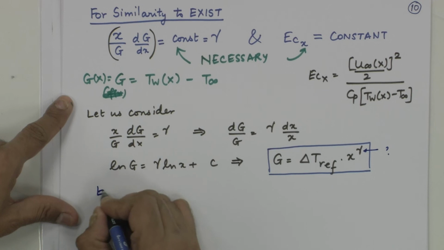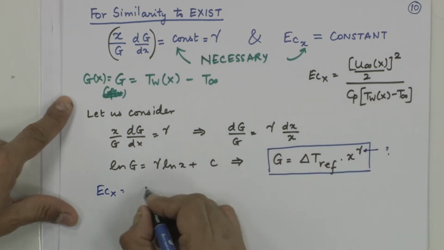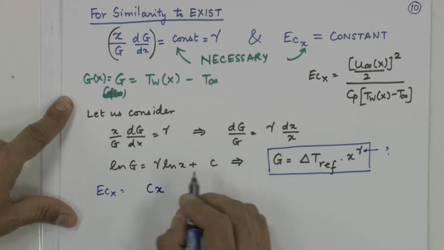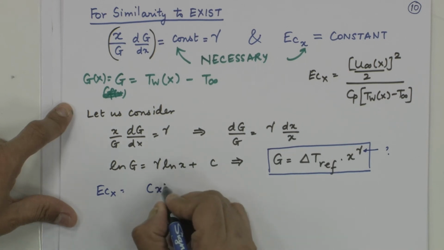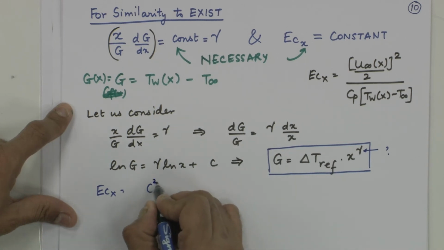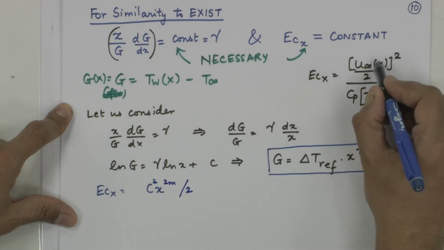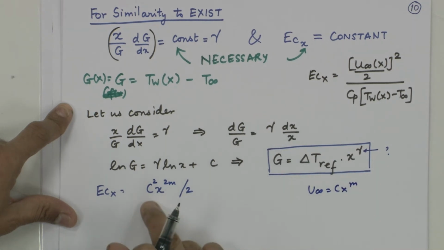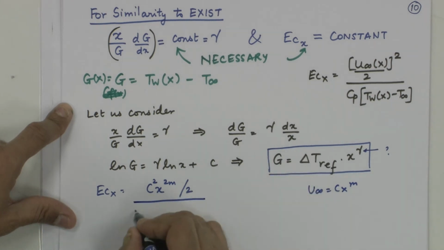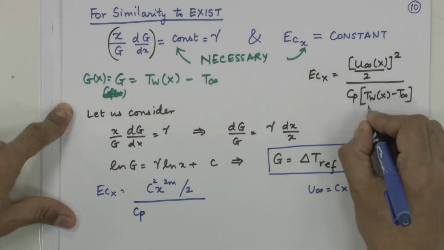Local Eckert number is, as I have written there, u infinity squared by 2, that is c x to the power m. U infinity is c x to the power m. Square of that, c squared x to the power 2m, divided by 2, and Cp as it is, and this is your g.